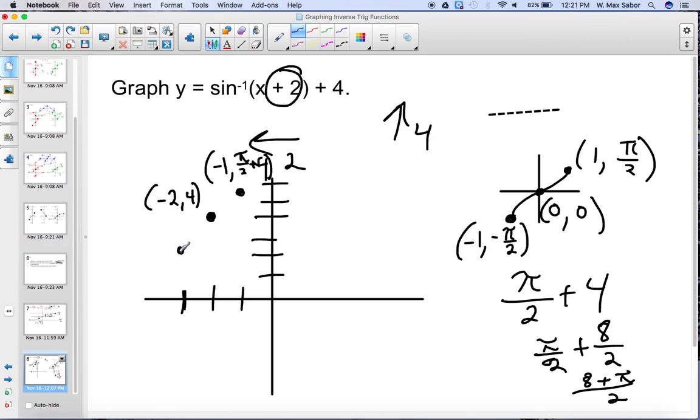And that's going to be about there. That's a little sloppy. There, and there. So we have negative 3, comma, 4 minus pi over 2. And here is our transformed arcsine function.